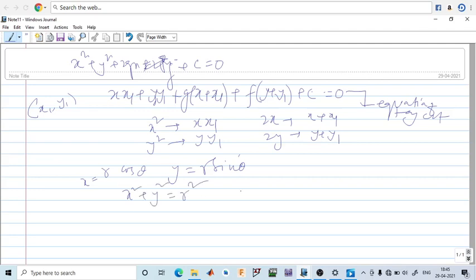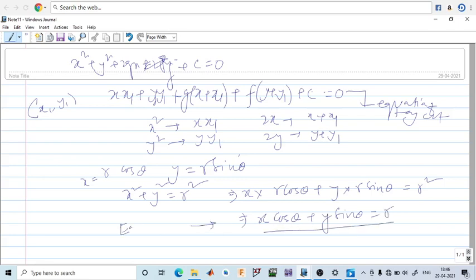Then x into x1, x1 means r cos theta, plus y into y1, y1 means r sin theta, equals to r square. Then in parametric form you will get equation of tangent like this.